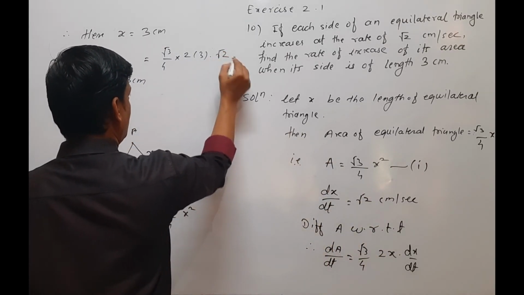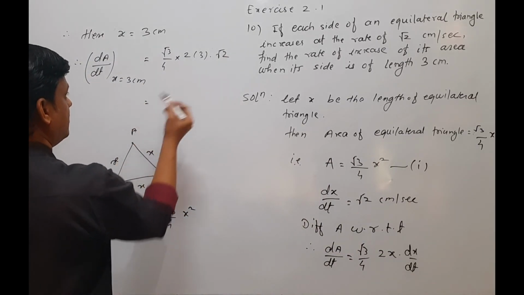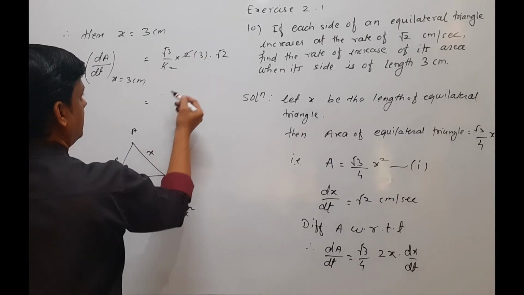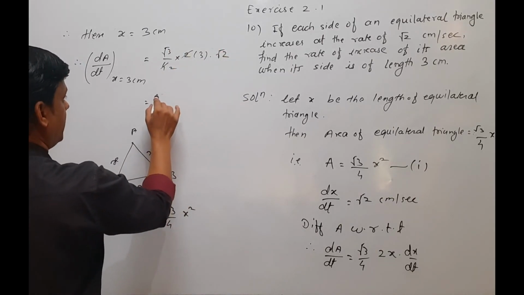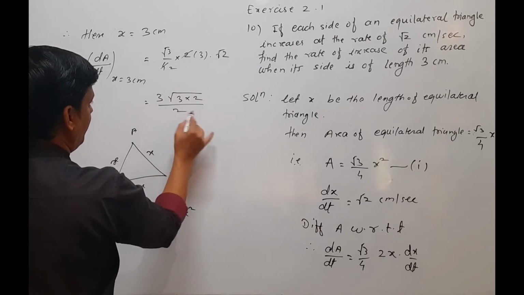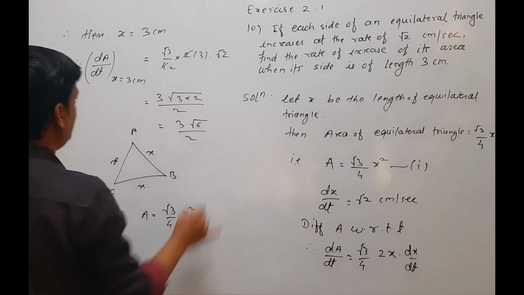So into root 2. So simplify this. So right here 2 to the 4. Then we write this root 3 and root 2 in one root. So right here 3 into root 3 into 2 upon 2, that is equals to 3 root 6 upon 2.